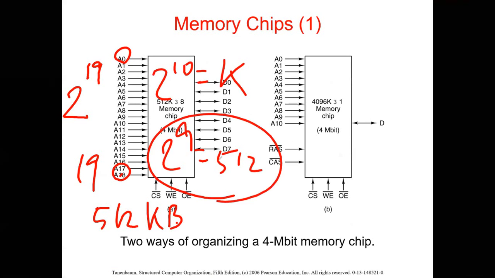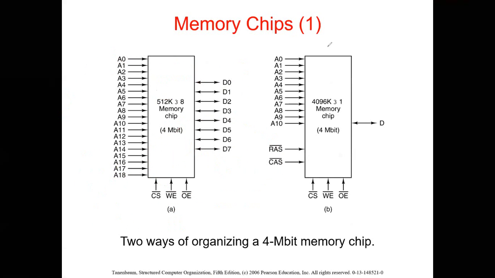So for this number conversion in binary, you need to be very fast, so you know the size of the memory real quick. And after that, you have 8-bit data, right? So it's a 512k by 8 memory. The data is 8-bit, okay?